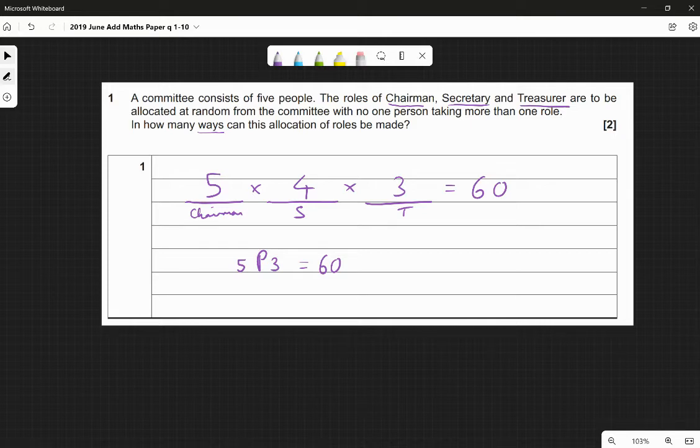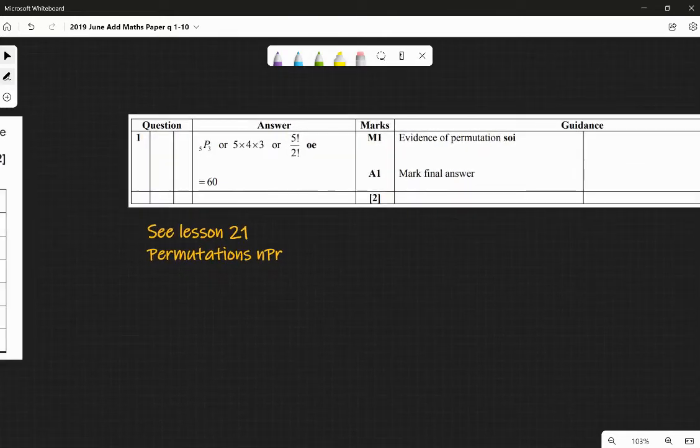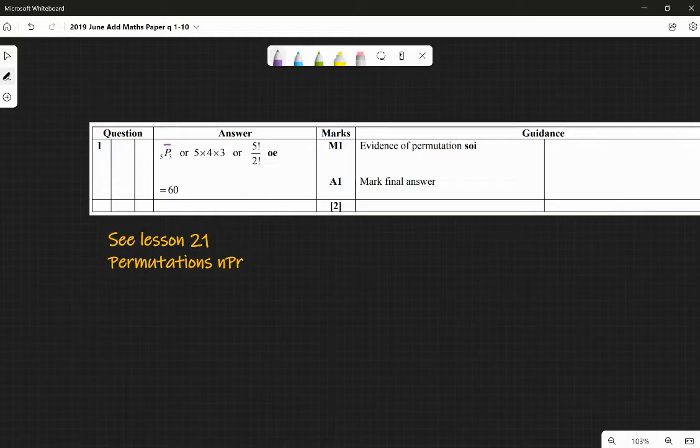Let's have a look at the mark scheme for this. The mark scheme, similarly, talks about 5P3, or it talks about 5 times 4 times 3, or it talks about this 5 factorial over 2 factorial. 5 factorial over 2 factorial is just simply taken from the formula for permutation. So nPr is given as n factorial over n minus r factorial.